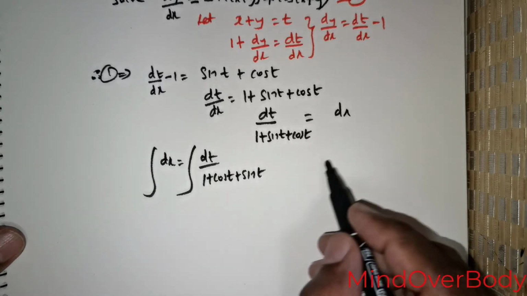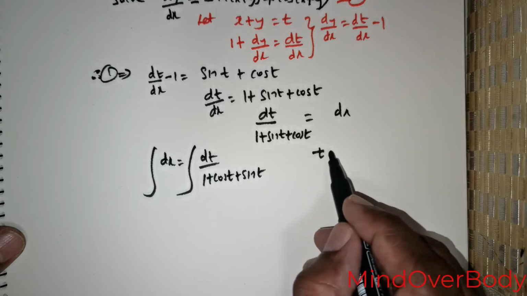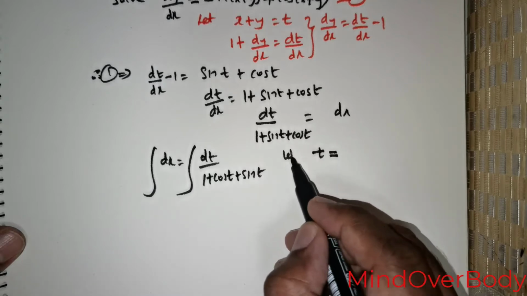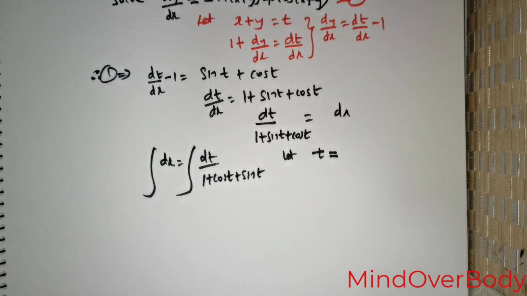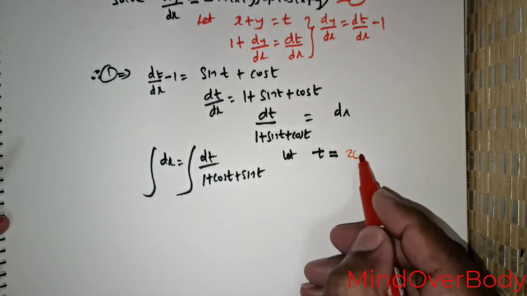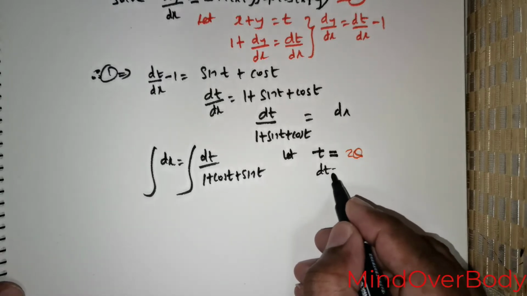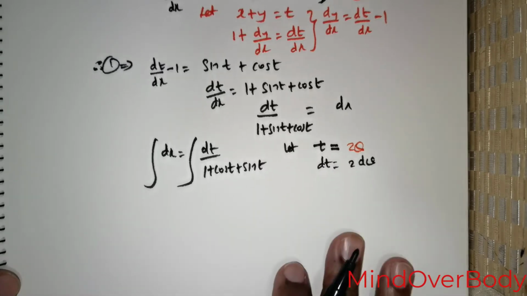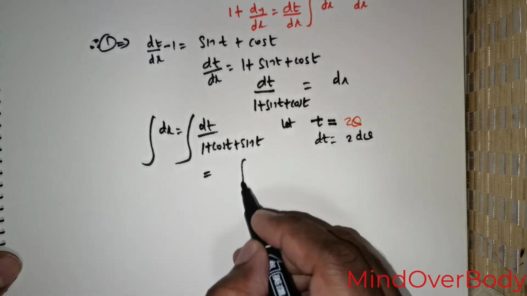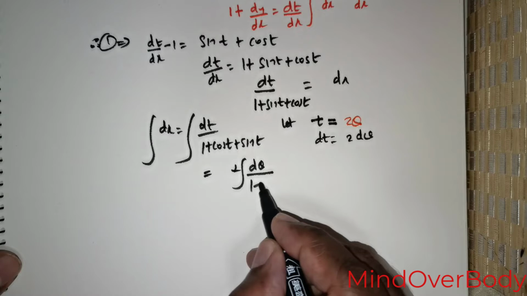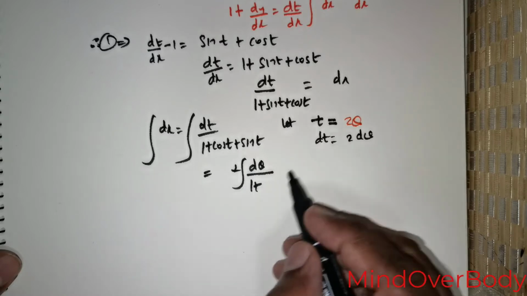Now for integration to happen, I'm going to make this slight alteration. That is, let my t be equal to say 2 theta. So from here dt is equal to 2 times d theta. So this is equal to, in place of dt it's 2 d theta over 1 + cos t.